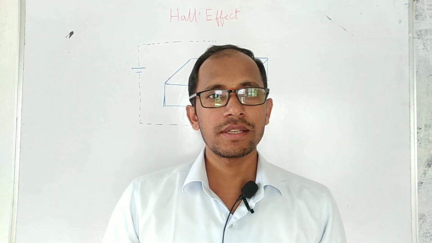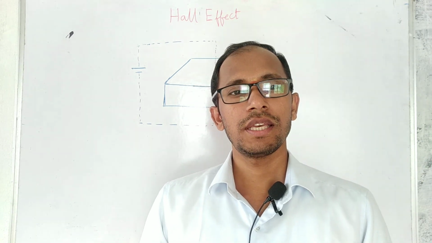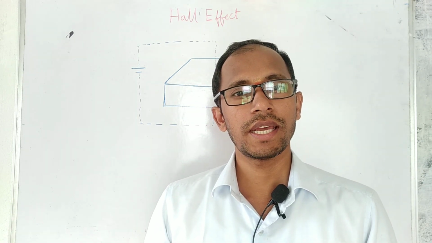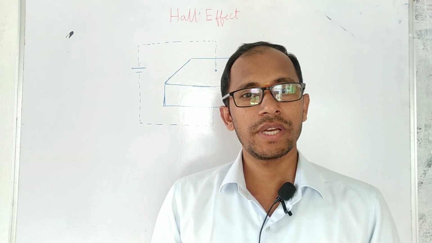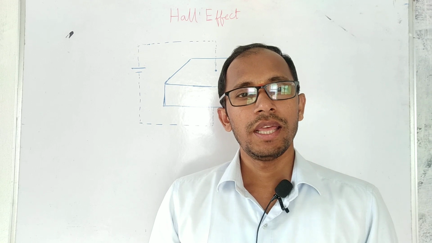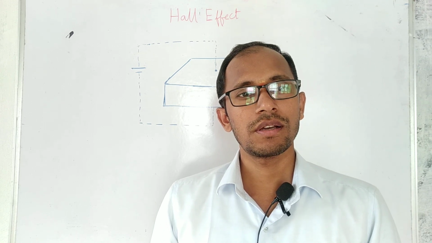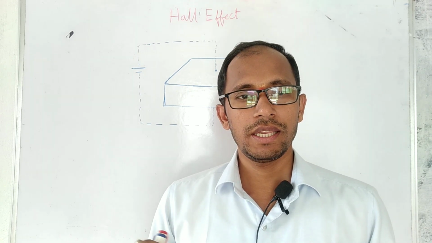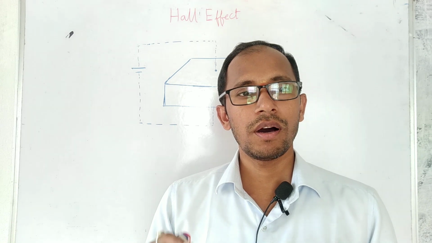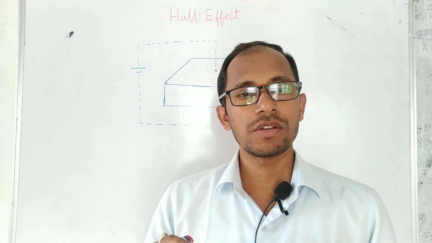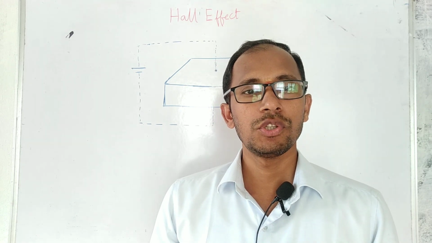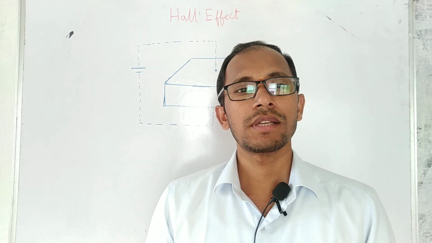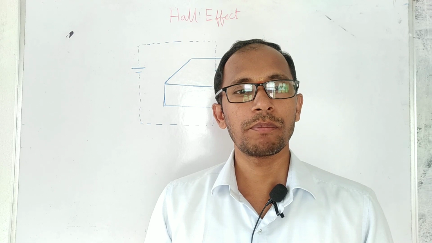Today we are going to discuss the Hall effect in conductors and semiconductors. Basically, the Hall effect is an experimental observation of a small potential difference created across the sample due to applying electric and magnetic fields perpendicularly.